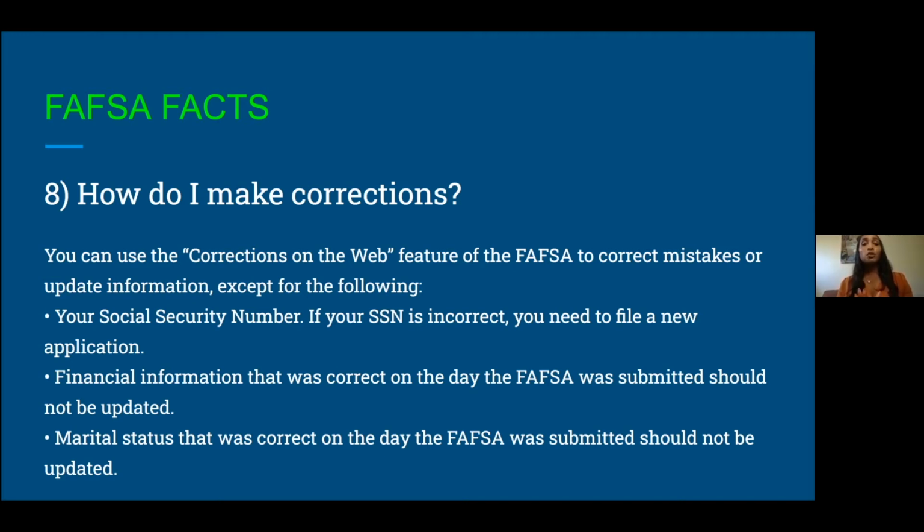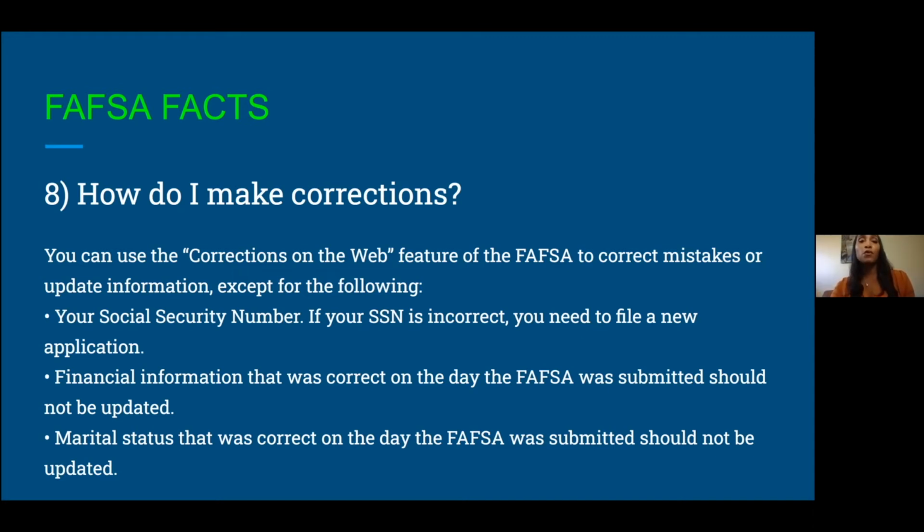Also, financial information that was correct on the day the FAFSA was submitted. So basically, if you filled out the application and you submitted it, you can go back and make corrections as well. Okay. Let's say, for example, you were married. Okay, marital status that was correct on the day the FAFSA was submitted should not be updated.